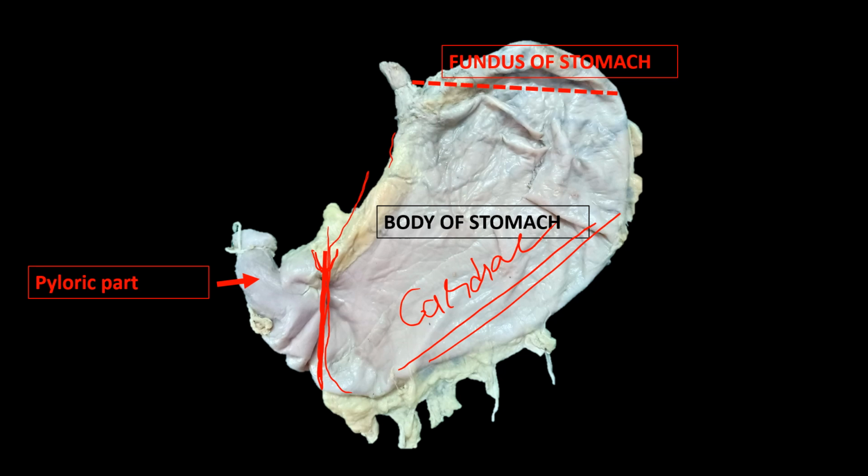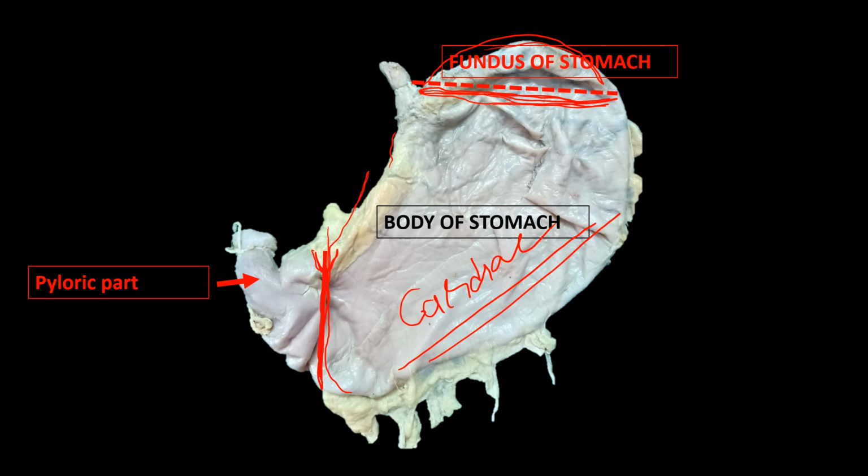Again, cardiac part can be divided into parts. A horizontal imaginary line from the cardiac notch: the convex part of the stomach above this horizontal line is known as fundus of stomach.